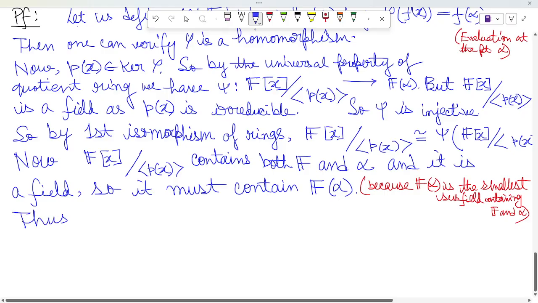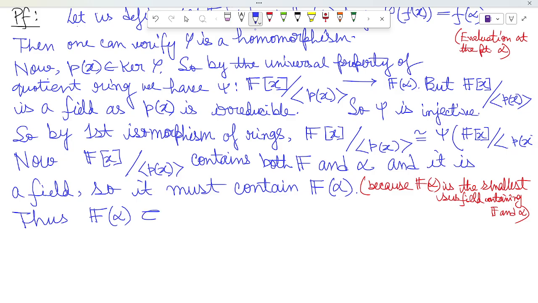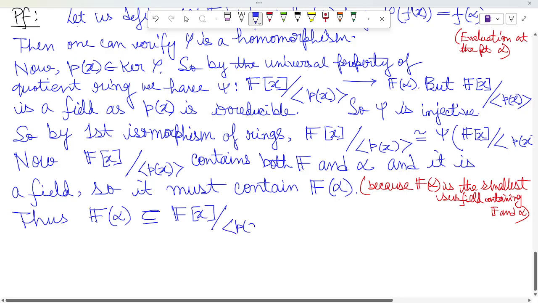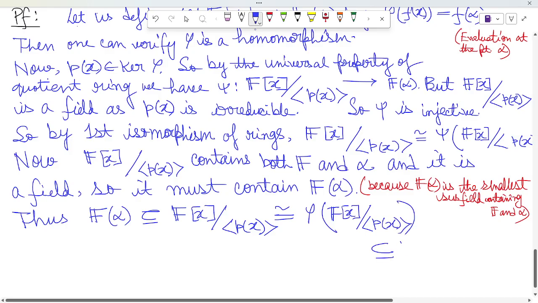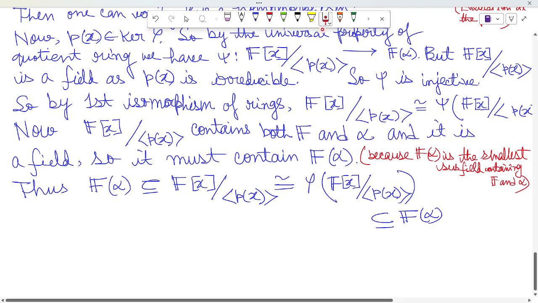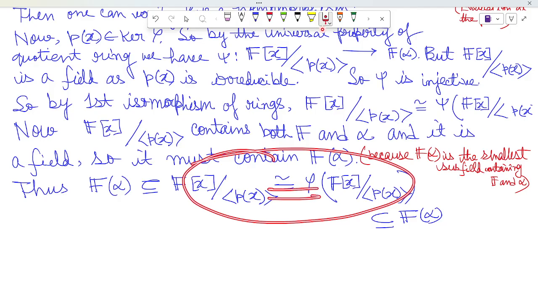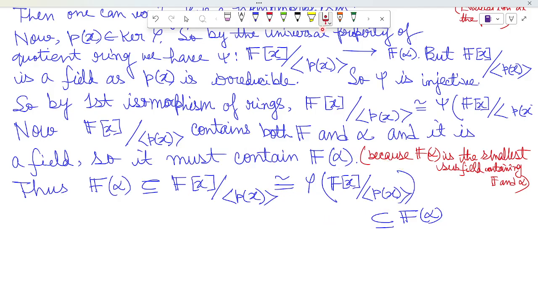F(alpha) is contained inside this thing, which is isomorphic to this, which is again contained inside F(alpha). So if you think of the isomorphic things as the same thing, it is equal because algebraically the properties are equal.